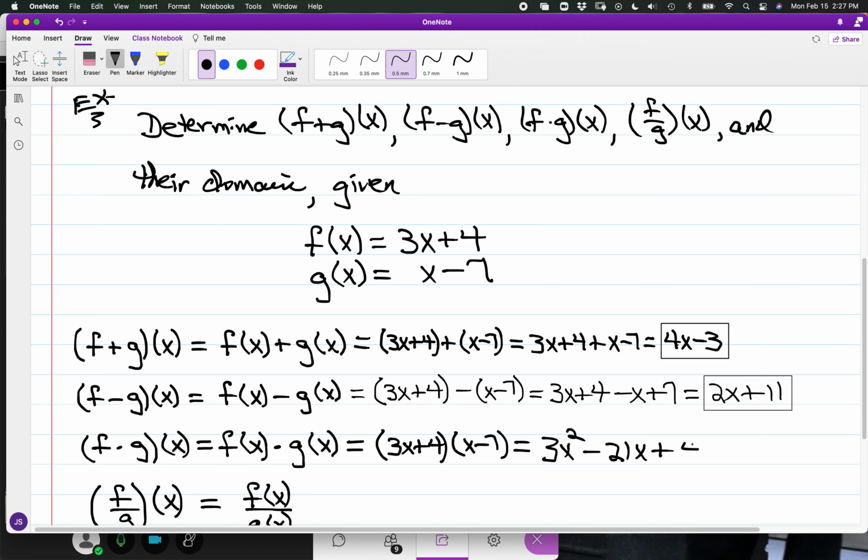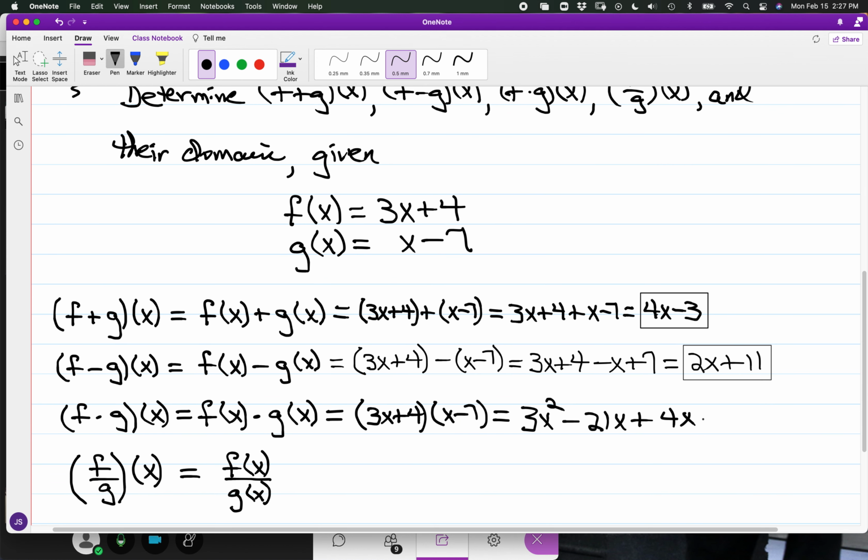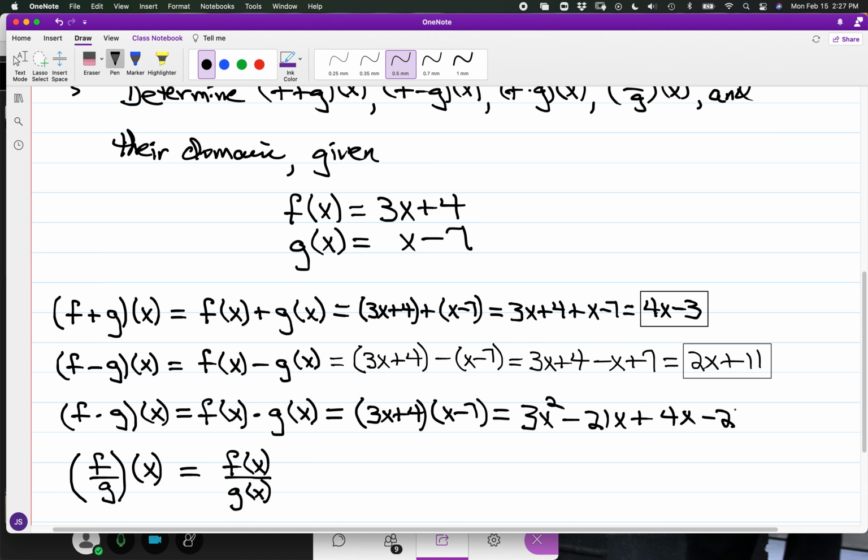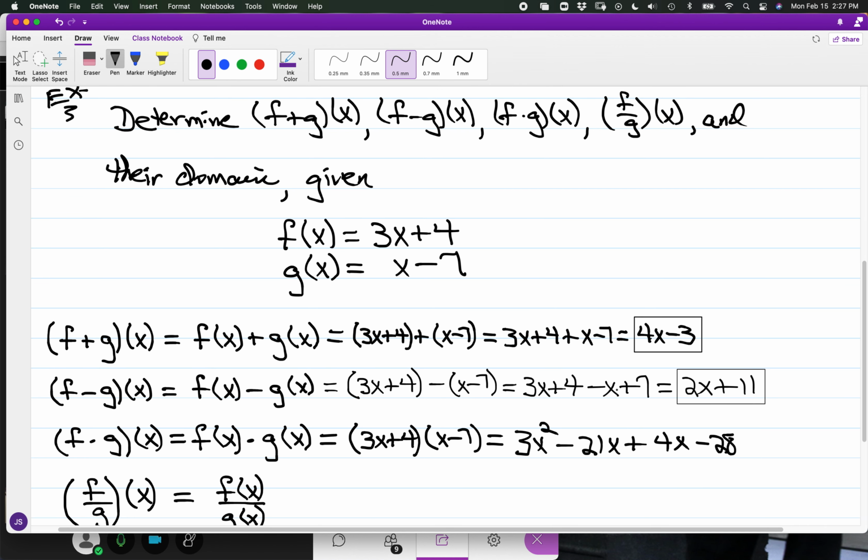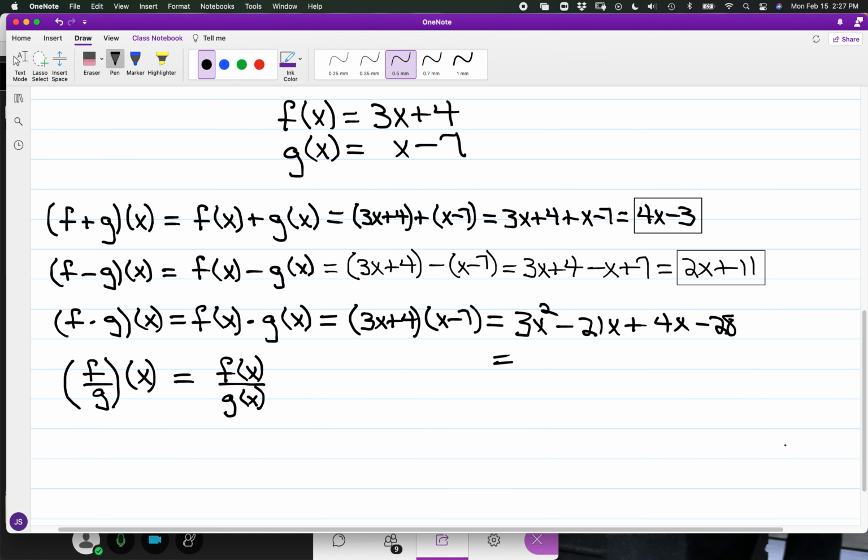The inside product we have at 4x. And the last product is going to be negative 28. I'll just move this on down. So I have middle terms to combine: 3x squared minus 17x minus 28 for the result.